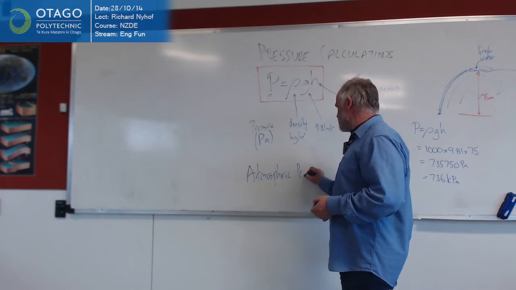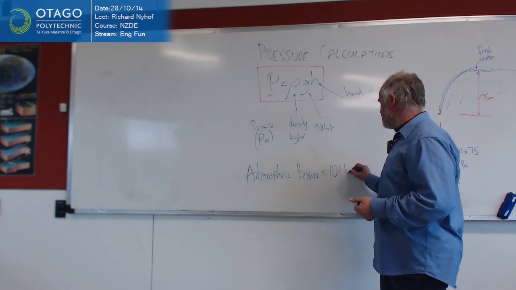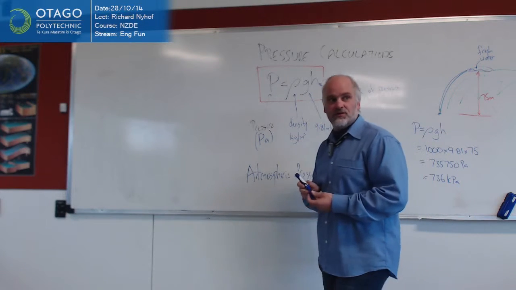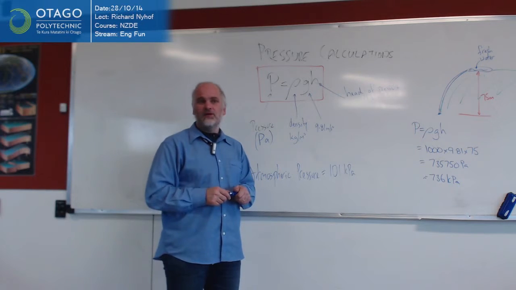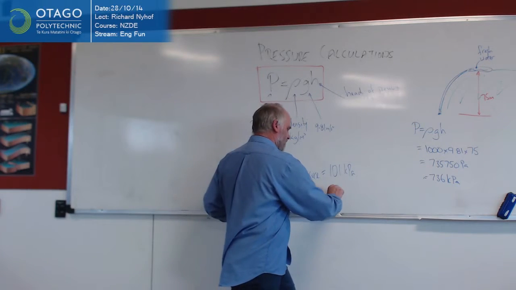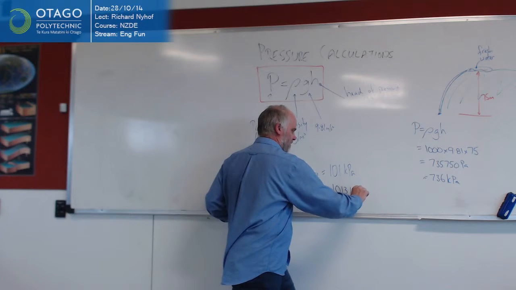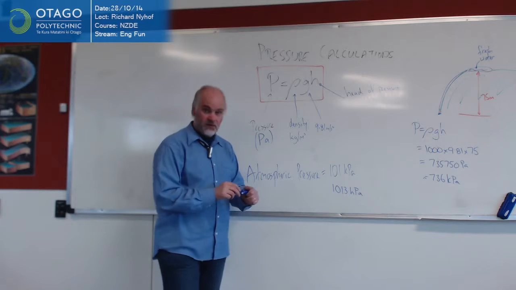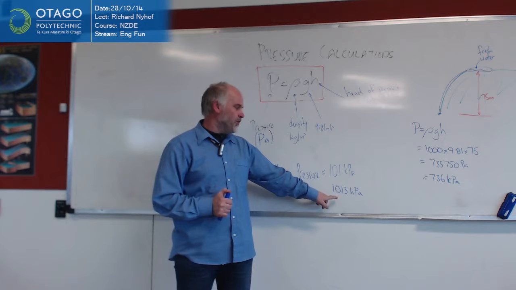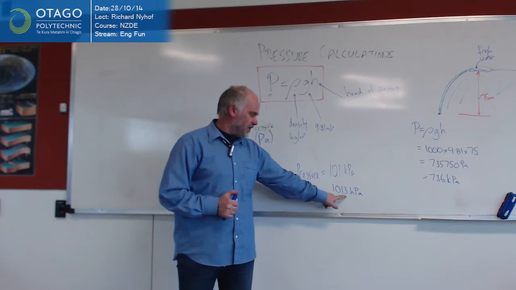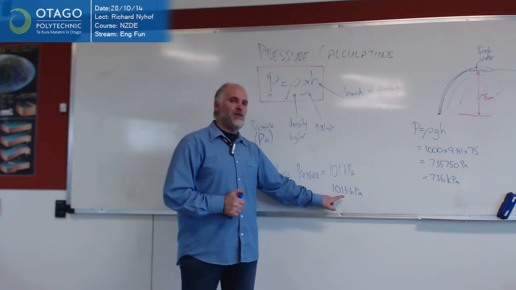And atmospheric pressure is pretty close to 101 kilopascals. 101.3 is standard, which you'll also see as 1013 hectopascals. And the reason I'm giving you that one is next time you watch the news and you see Jim doing the weather at the end of the news, you'll see numbers that look a lot like that all the time. So that's your standard atmospheric pressure.